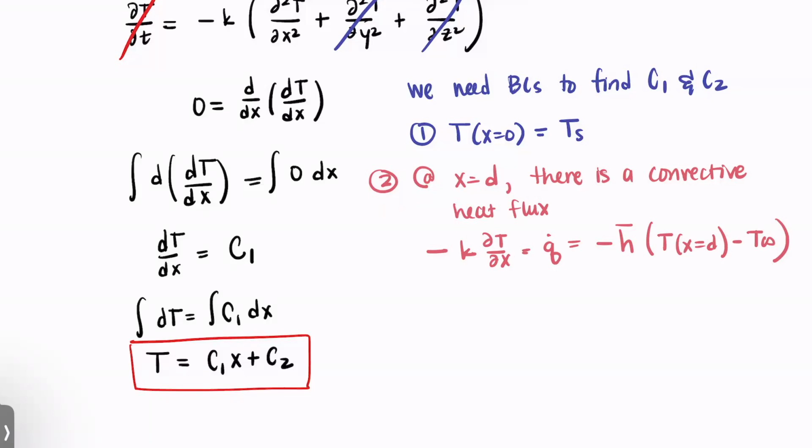So the conduction q dot is equal to the convection q dot right at that surface, just like how we did before. So when we apply boundary condition number 1, we get that Ts is equal to C1 times x equals 0 plus C2. So that means that C2 is equal to Ts.